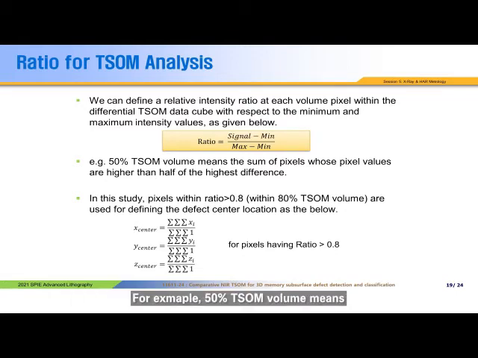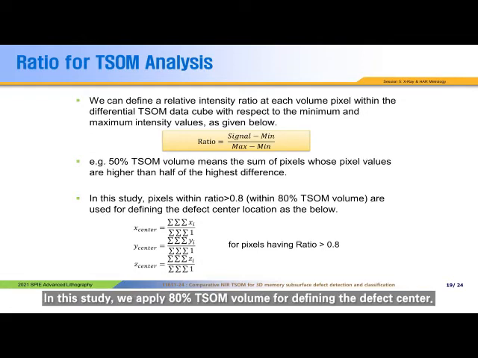For example, 50% T-sum volume means the sum of pixels whose pixel intensity values are higher than half of the height difference. In this study, we apply 80% T-sum volume for defining the defect center.